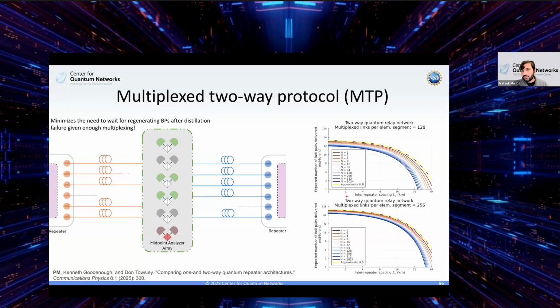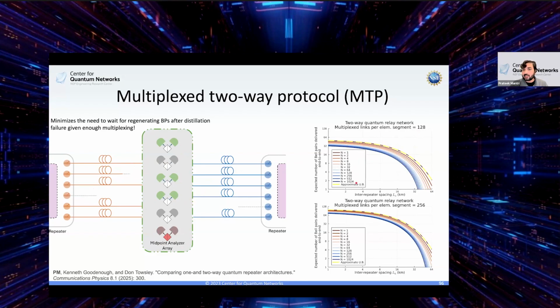So in these two plots, we have access to 128 multiplex channels, and we see the number of Bell pairs that would be delivered end to end for this many repeaters.